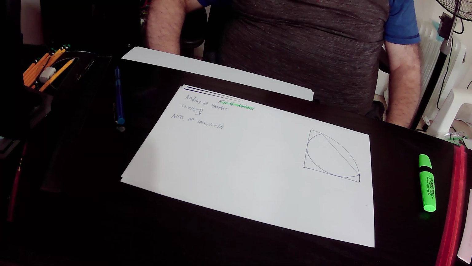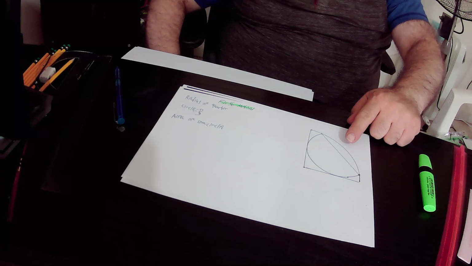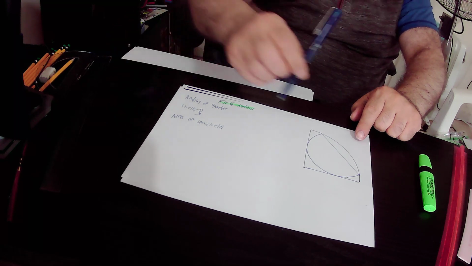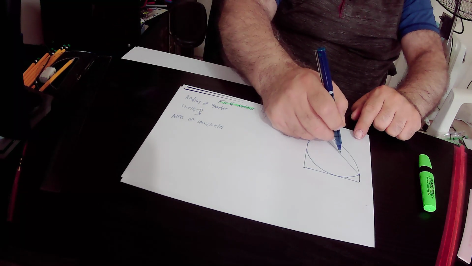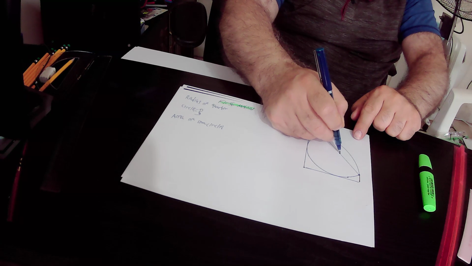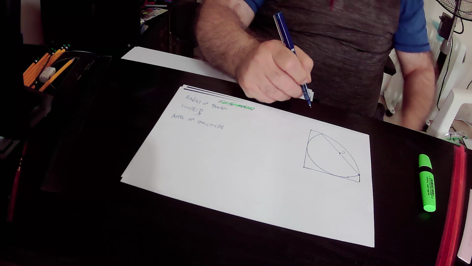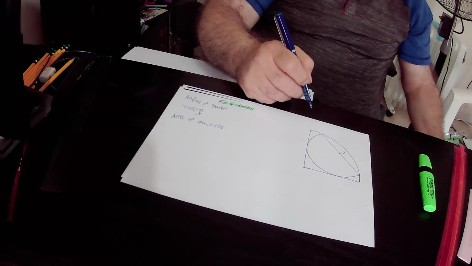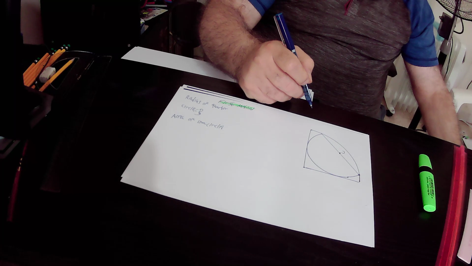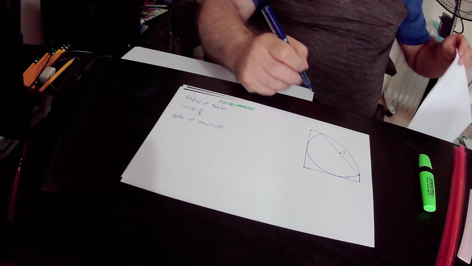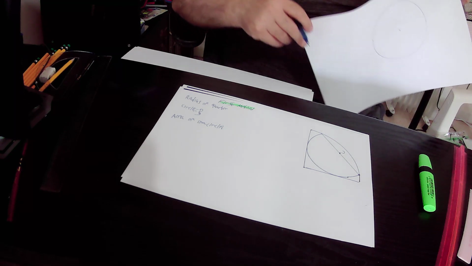In the first method, we will define the center of the semicircle at this point C, and I will present to you a new rule. It is actually rule number 1.